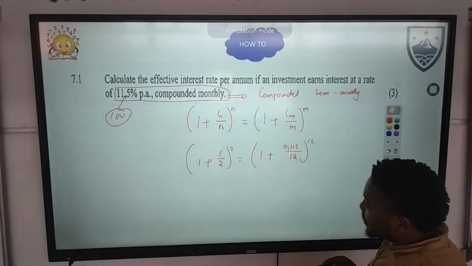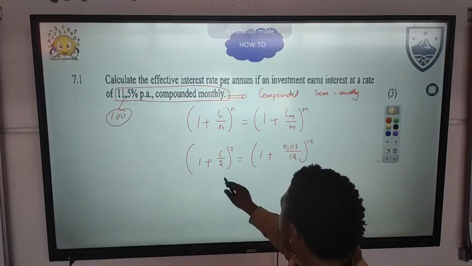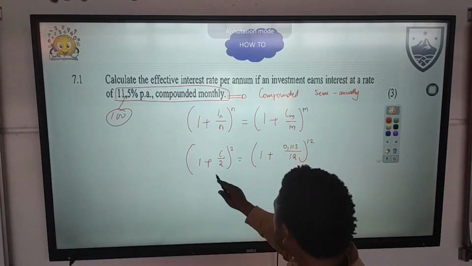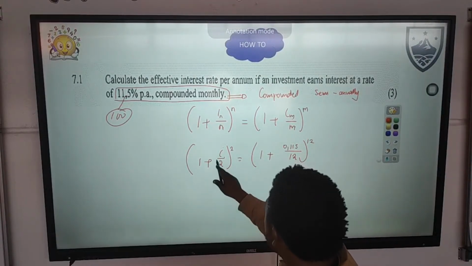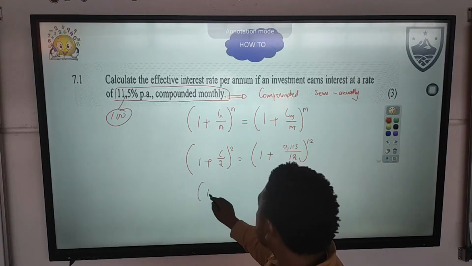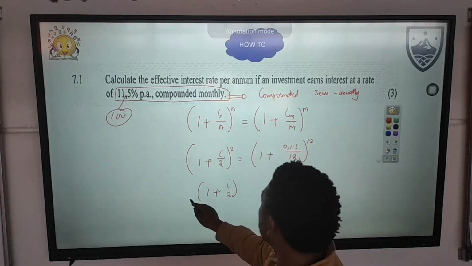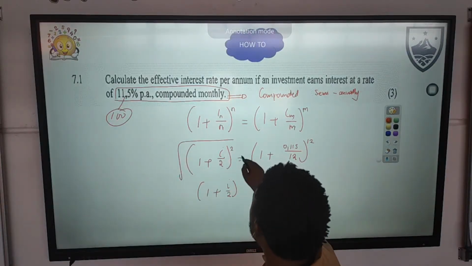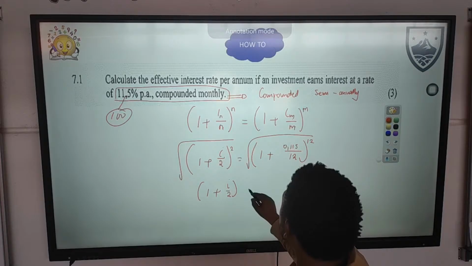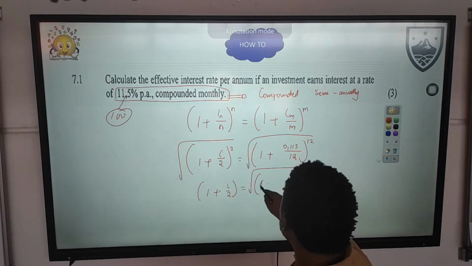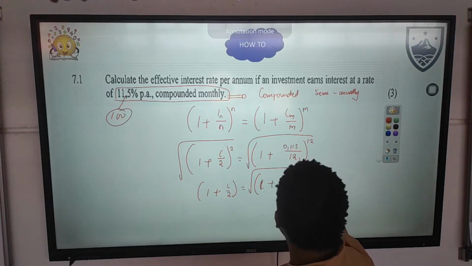Yeah? So when you simplify this, you square root both sides. So you have 1 plus i over 2. You square root both sides, and I'll put the square root on this side so that we can see, which will be equal to the square root of 1 plus 0.115 over 12 to the power of 12.